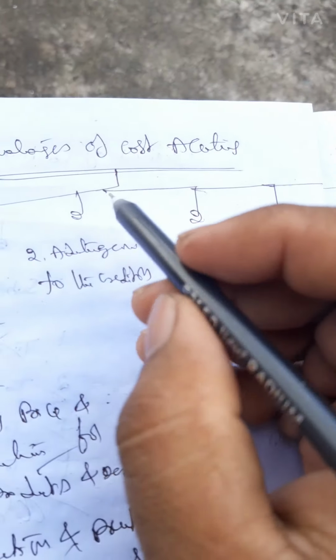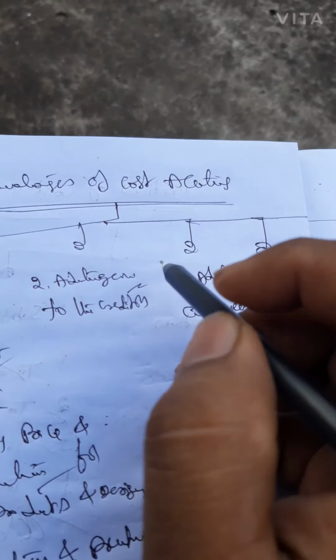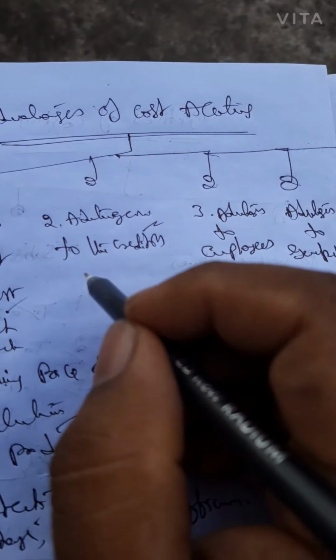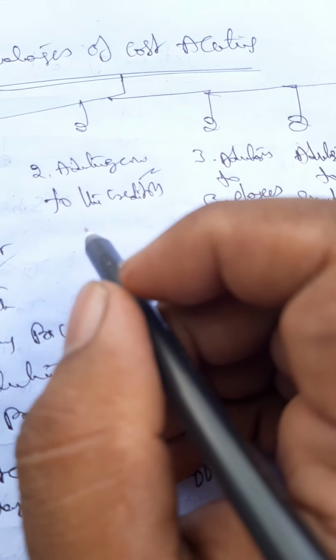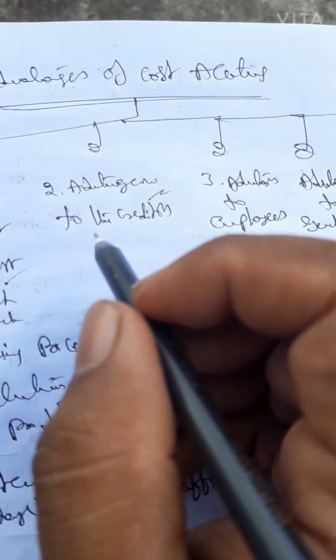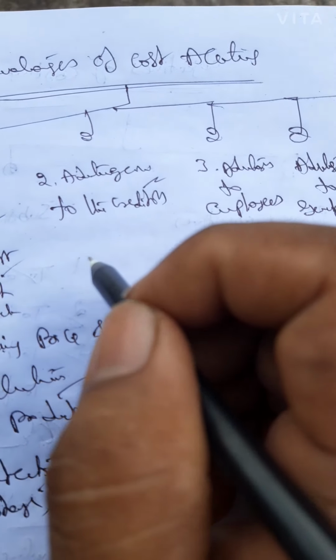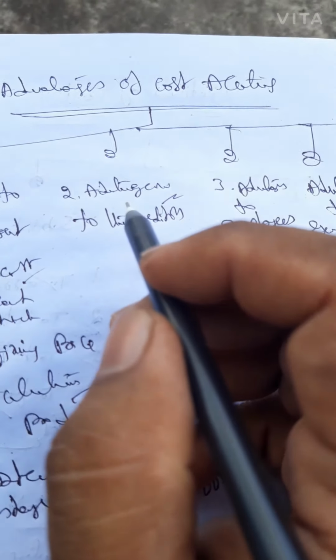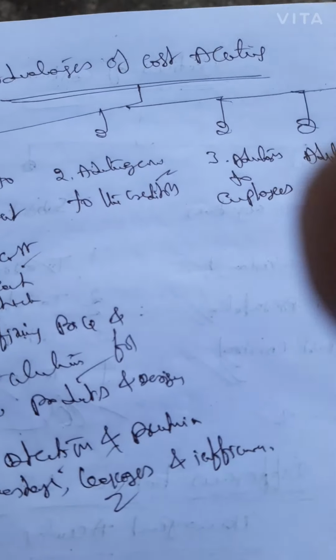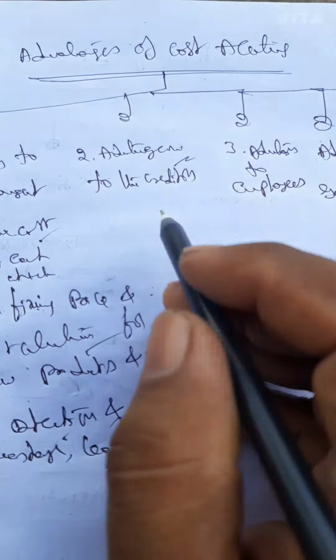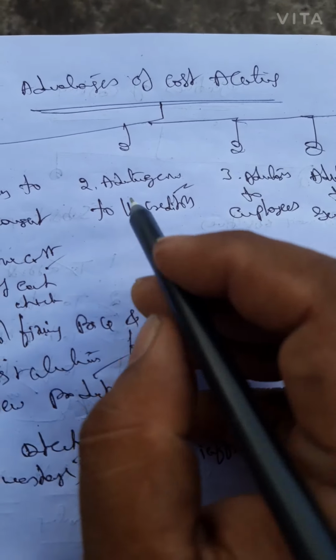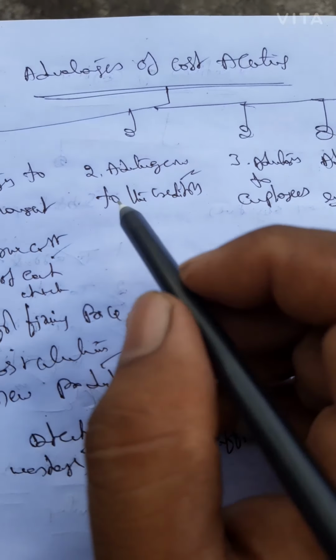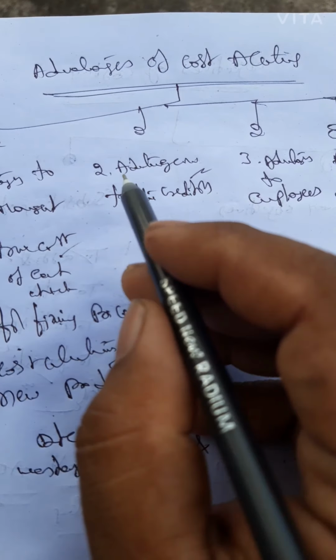Next, coming to advantages to the creditors. These are the most important persons to run successfully any organization. Why? Because funds are very important in the form of loans to develop any industry or any company.